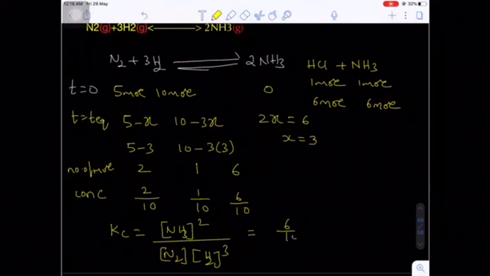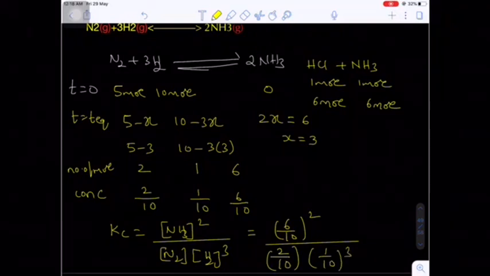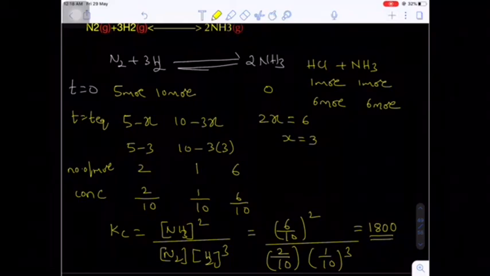Ammonia concentration 6 by 10 whole square, divided by nitrogen concentration 2 by 10 multiplied by hydrogen concentration 1 by 10 whole cube. If you simplify this expression, you will get 1800.